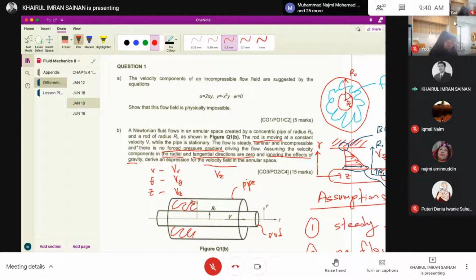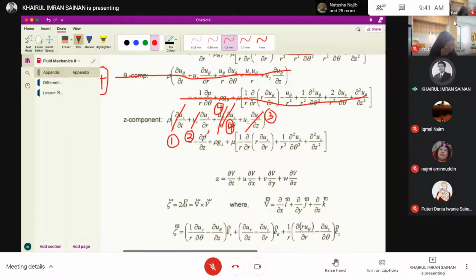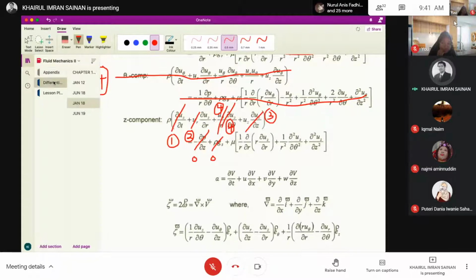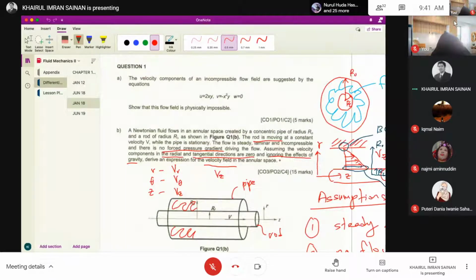You can cancel. But if there is no statement at all regarding pressure, then pressure should be there because this is a closed system. So del P over del Z cancels. Rho Gz cancels, right? Because there's no gravitational effect, also mentioned in the question. Ignore the effects of gravity.